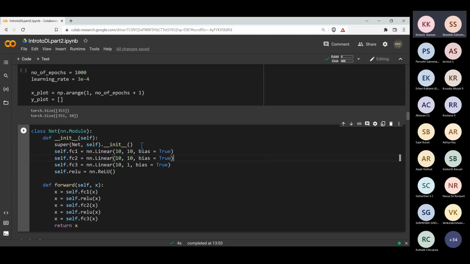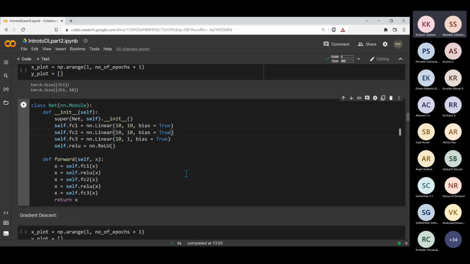And then we define something similar. Again we have another 10 nodes, and these are connected to the previous layer. And finally we have another 10 nodes and one node, and these are fully connected. The activation function that we are going to use here is the ReLU activation function.